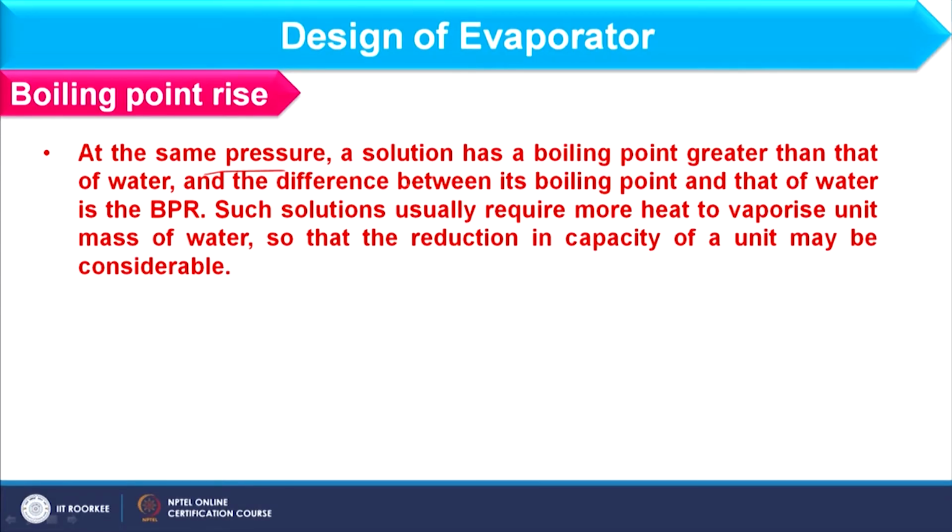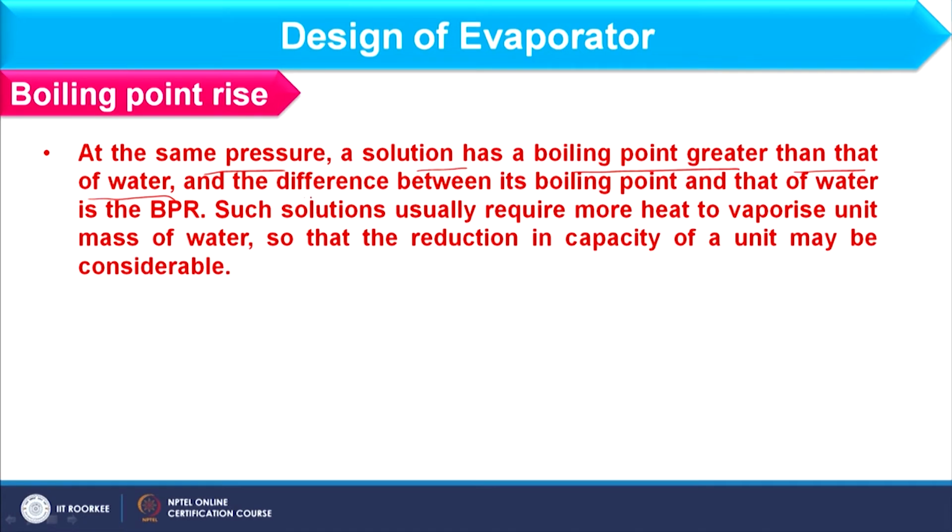At the same pressure, a solution has a boiling point greater than that of water, because the solution has lower vapor pressure in comparison to the pure compound. So, it takes more and more heat to start boiling in a solution.